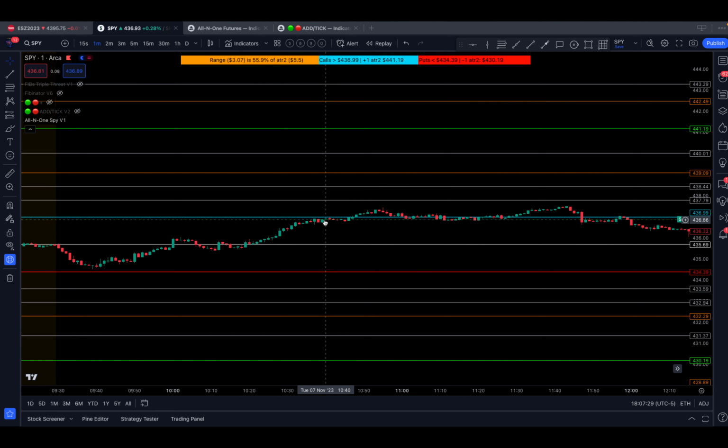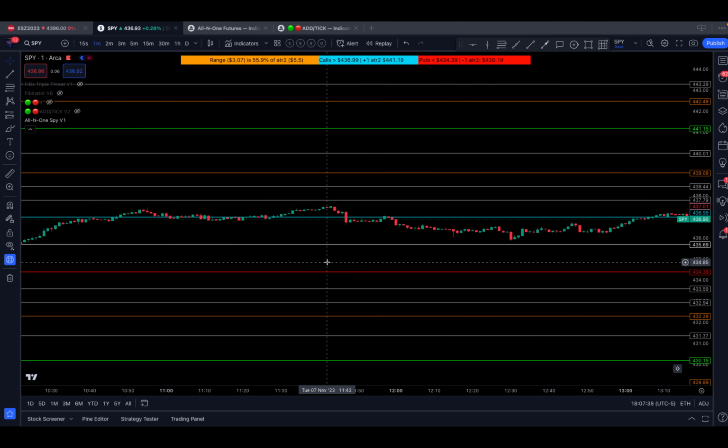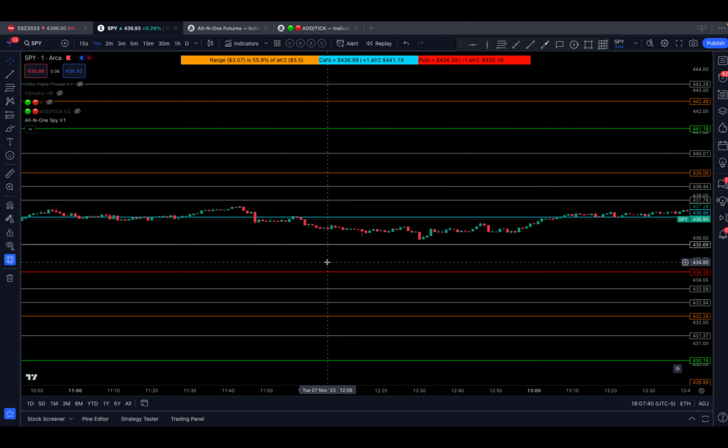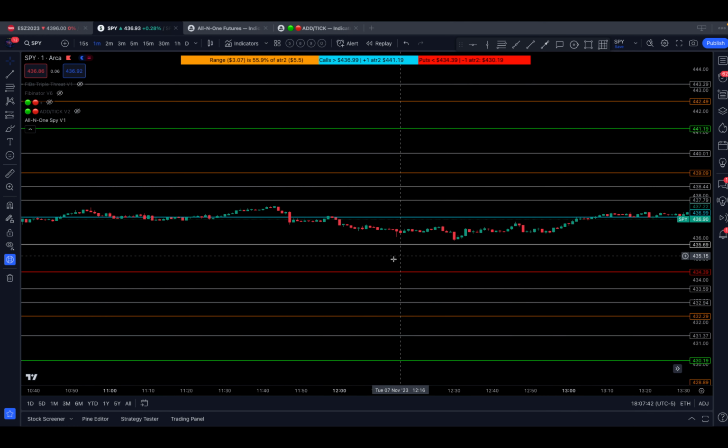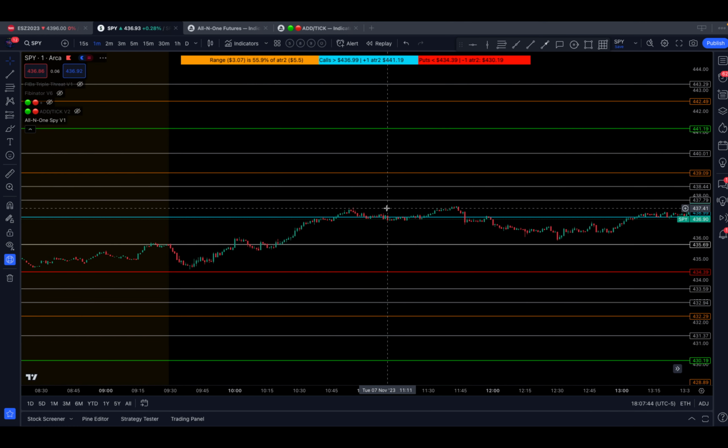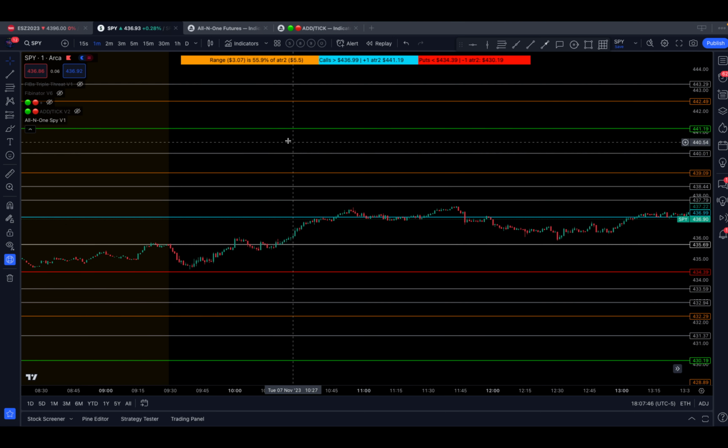The blue line symbolizes that once it hits that line and goes above, you'll probably want to look for calls, and vice versa. If we hit this red line and go below it, puts are in play. You can utilize the lines just like Jimmy does with his lines, but this isn't the same as Jimmy's plotted lines. These are just generic lines that are pretty useful if you need them.